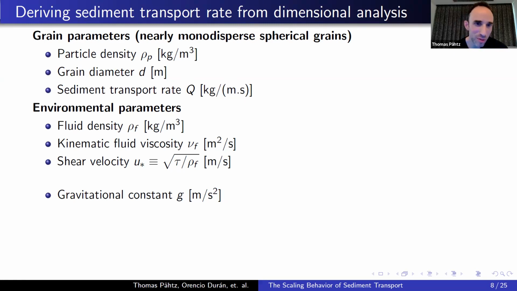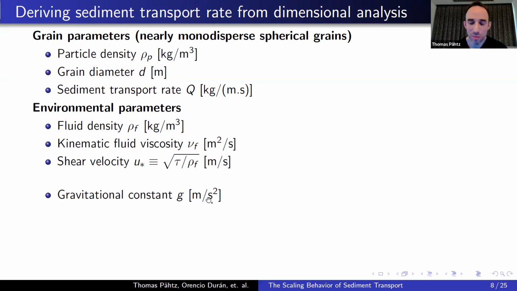So the idea is we have grain parameters. This would be the particle density, the grain diameter, assuming spherical grains they have the diameter only, and then the sediment transport rate. And then you have environmental parameters, such as the flow density, the density of the fluid, like the air, the kinematic fluid viscosity, the bed shear stress, the bed shear velocity, and of course the gravity.